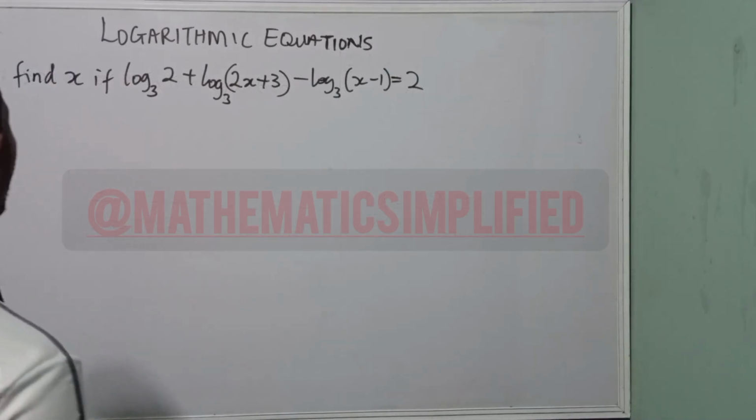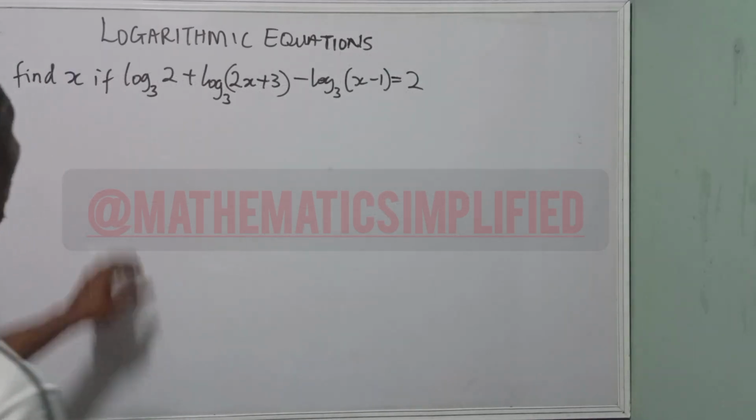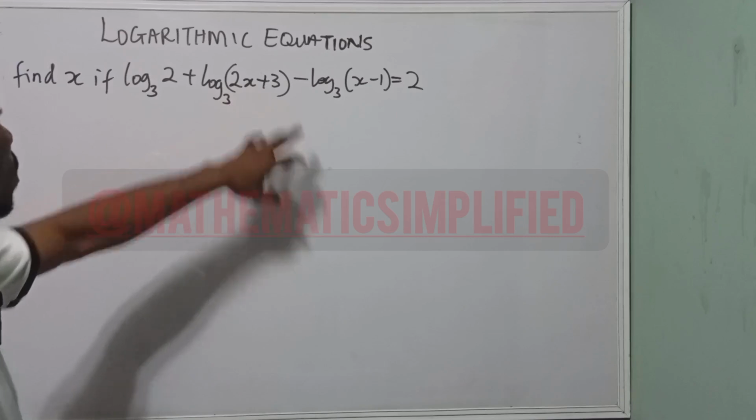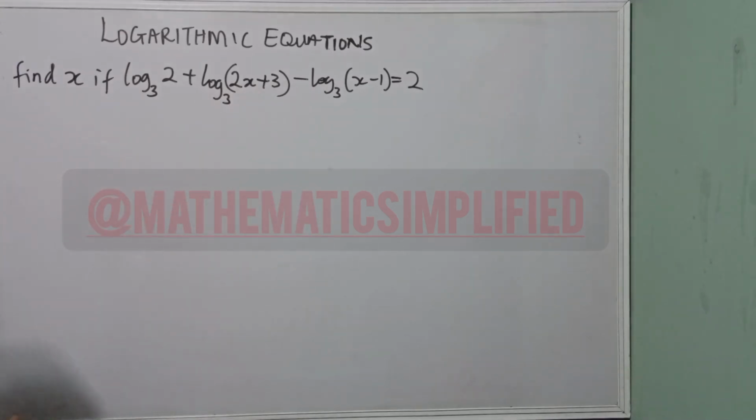Our next question says, find x if log₃ x plus log₃ (2x plus 3) minus log₃ (x minus 1) equals 2. Now, all we'll do here is apply our log rule.